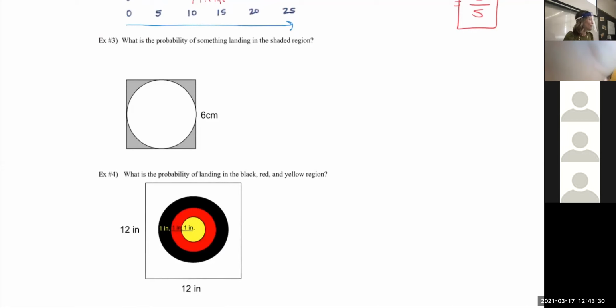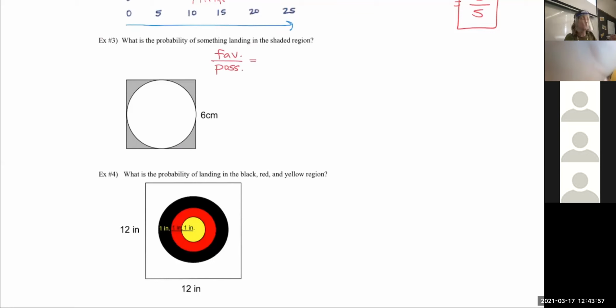Any ideas how we can figure that out? How do you find a value for the shaded region? What are we finding? It's area. Yeah, we're finding the area of that shaded portion. So basically, if we're doing the favorable over the possible, that's just our formula again.